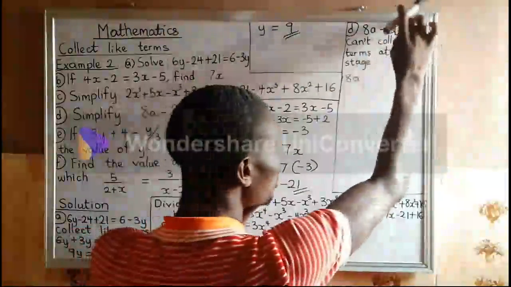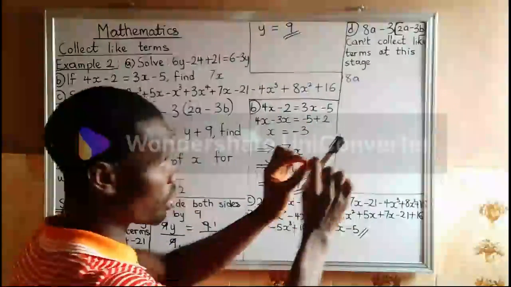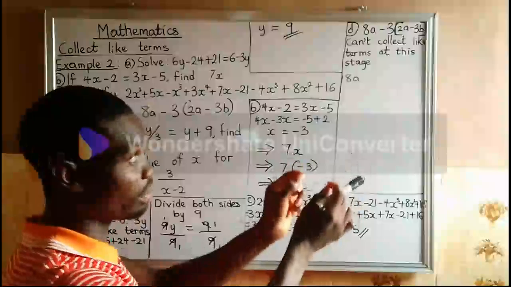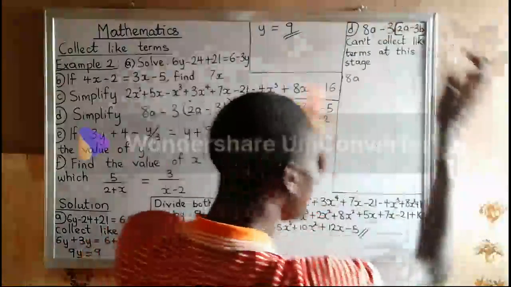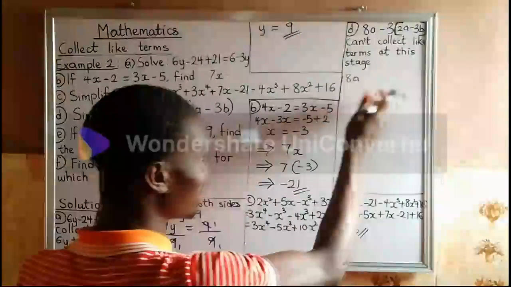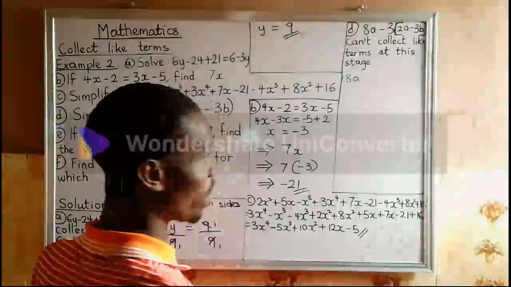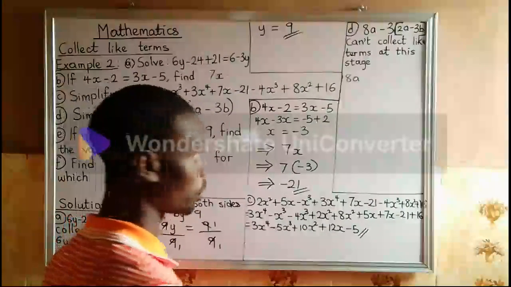These are regarded as just an entity because they are together. That's why they are inside the bracket. So there are just two terms here, 8a and minus 3 into bracket 2a minus 3b. It's just like saying 8a minus 3z, where z is 2a minus 3b. Do you understand? I'm sure you do.